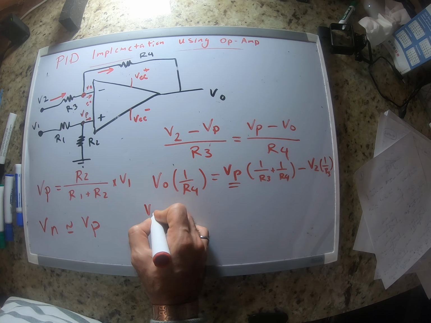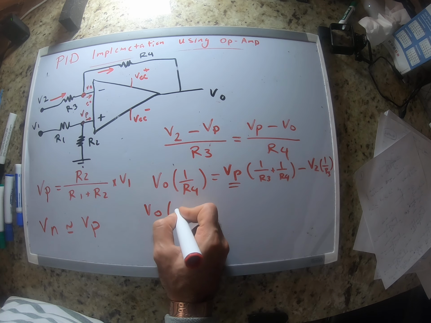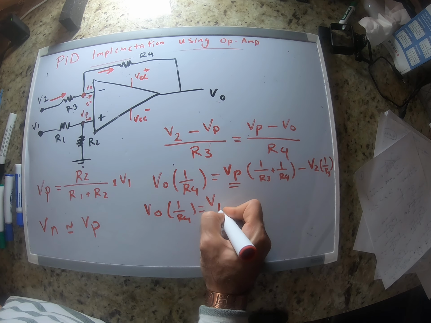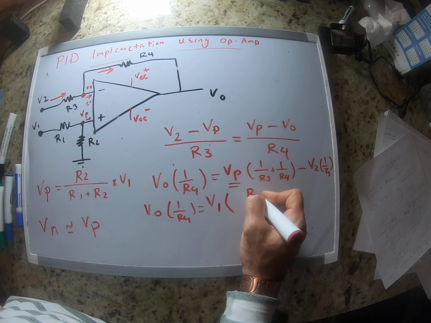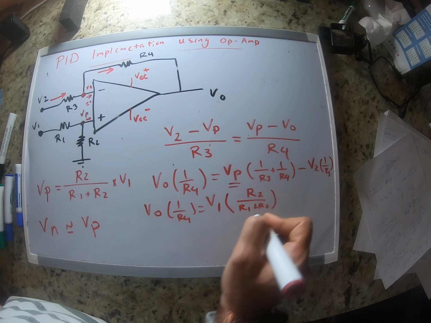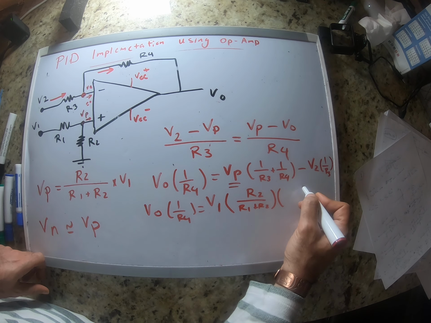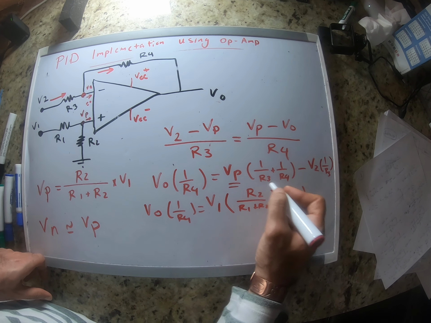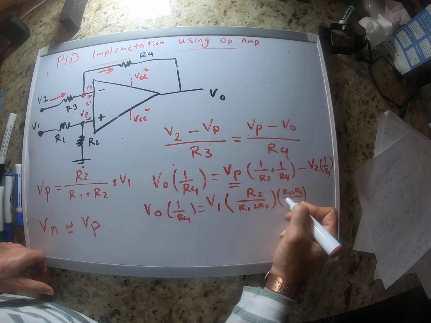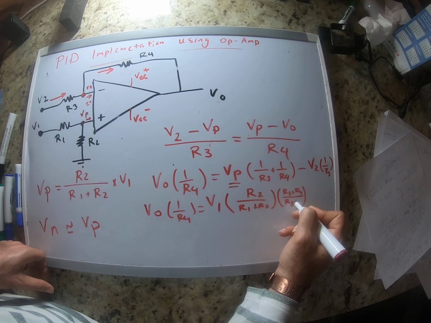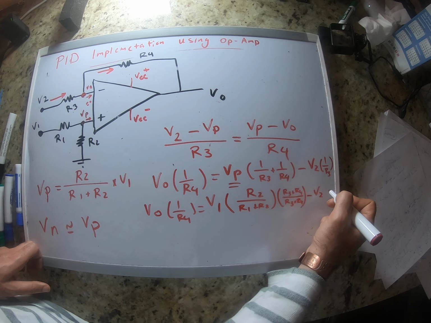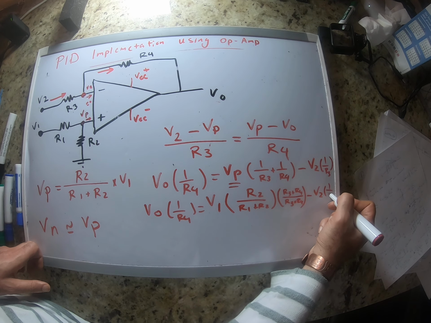So VO times 1 over R4 is equal to V1 times R2 divided by R1 plus R2 multiplied by this term, which I can write R3 plus R4 divided by R3 times R4, minus V2 times 1 over R3.